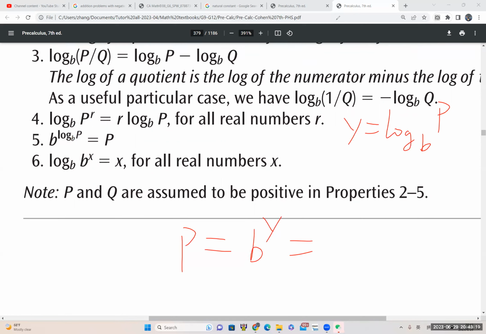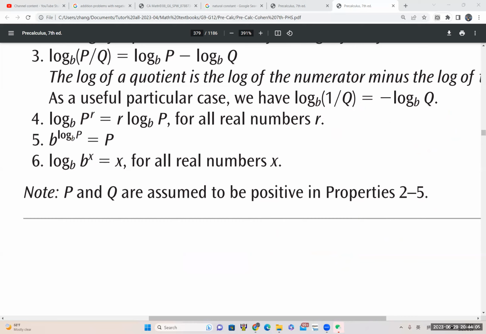Then y is just this, so p equals b^(log b p). It's like, for example, James' daddy's son is James. Then if we have log b of b^x, this is like property 4.